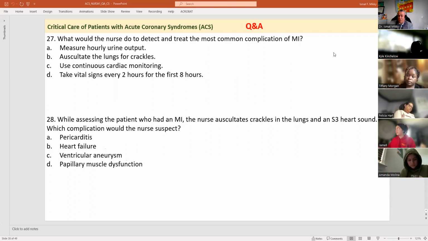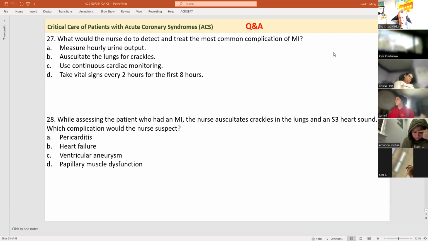If you remember, if you go back to 27, one of the options was dyspnea and crackles, right? So auscultate the lungs for crackles, for example. Crackles, dyspnea, and tachypnea or tachycardia may indicate heart failure.